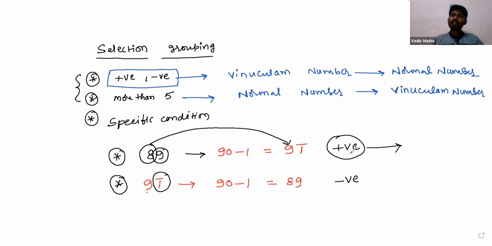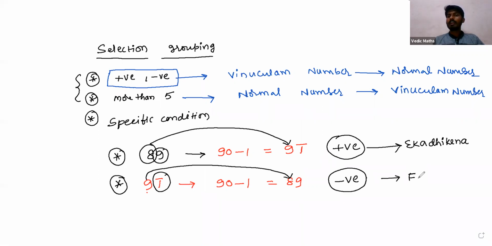So when you are selecting a positive digit, then you have to use the Eka Adhikena Purvena Sutra. Okay. Here, when your vinculum number is converted into a normal number, the penultimate digit is decreased by 1. That means when you are selecting a negative digit, then you have to use the Eka Nyunena Sutra. So this is a very important point.